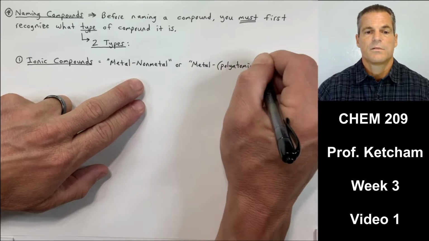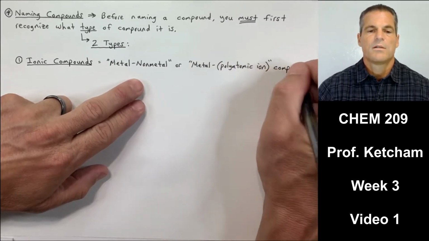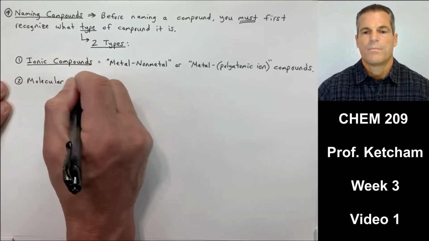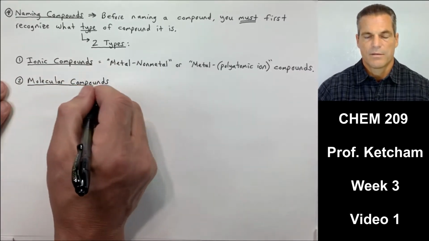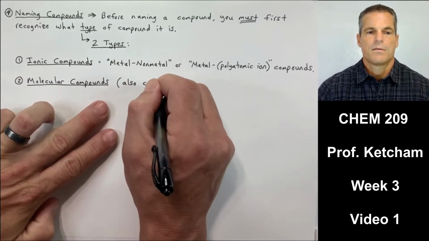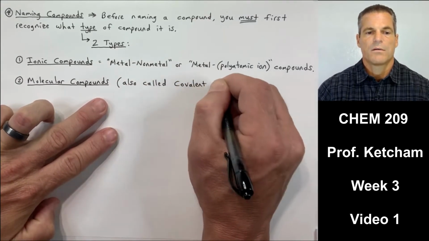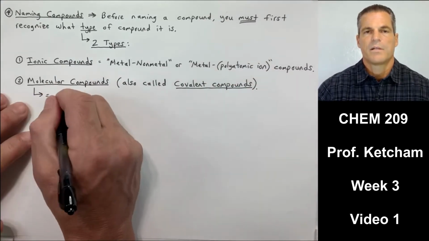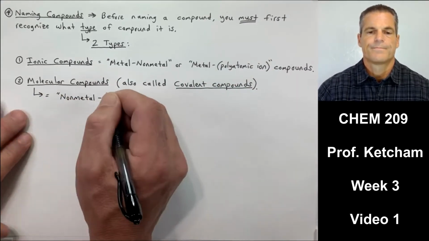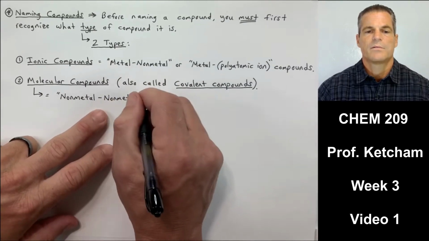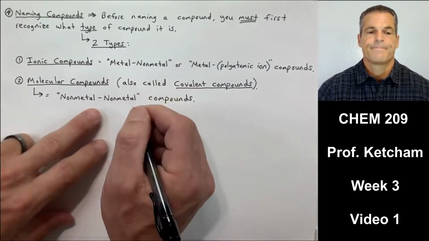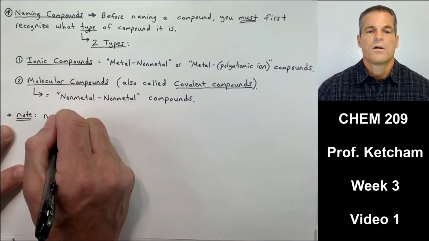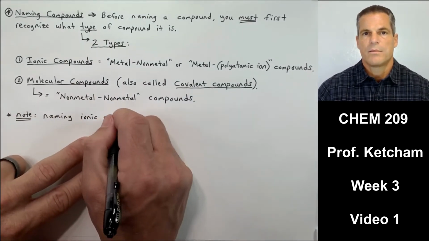Ionic compounds, in a very general sense, are metal, nonmetal, or metal polyatomic ion compounds. Second type of compound is molecular compounds, commonly called covalent compounds. So we have ionic compounds and we have covalent compounds. Molecular compounds or covalent compounds are generally nonmetal compounds.